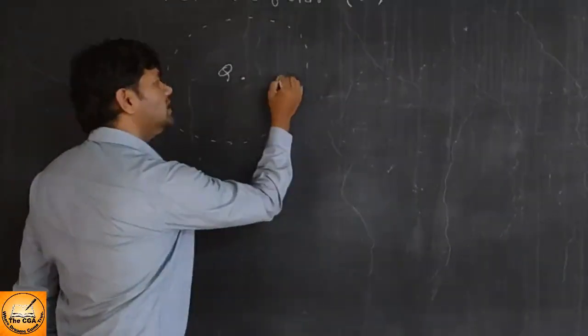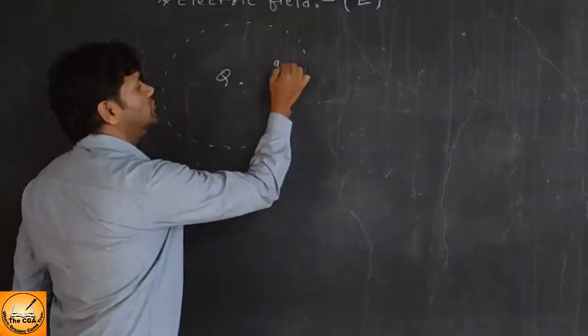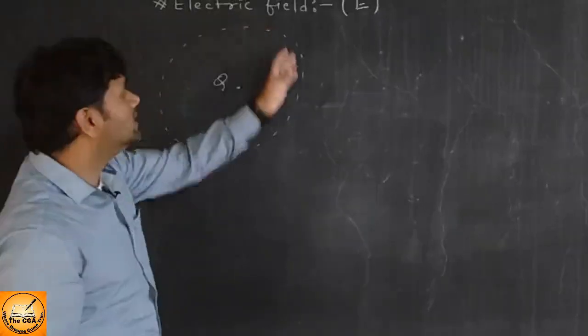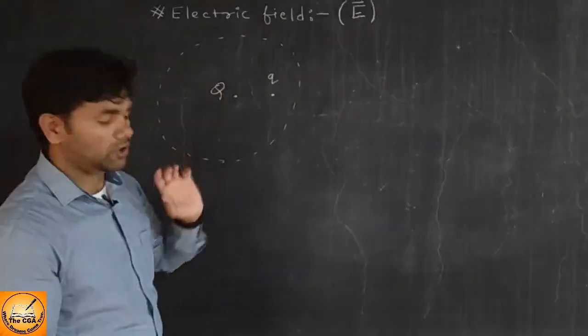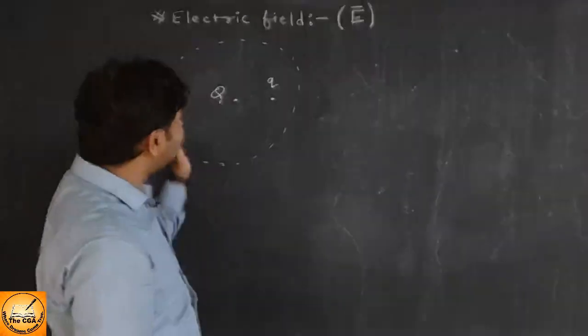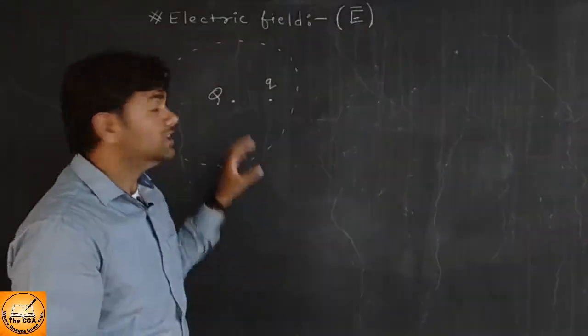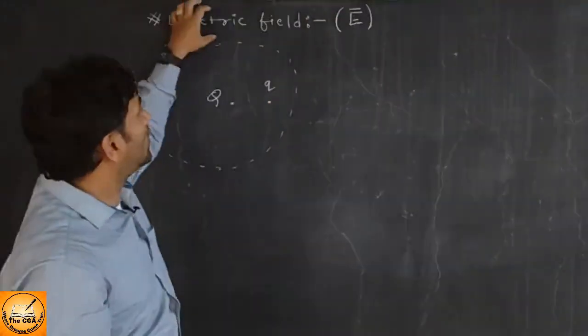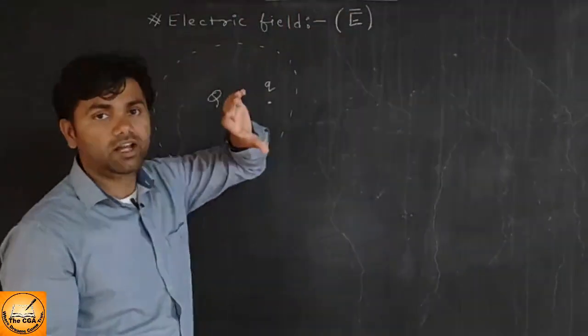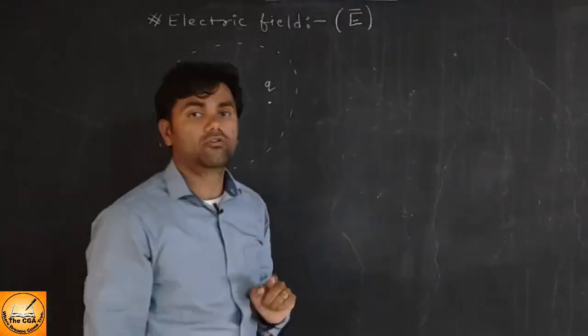So if we consider that small q charge over here, within the region, this capital Q charge will apply a force on it. So this region within which the capital Q charge applies a force is called the electric field, right? This is one definition of electric field.